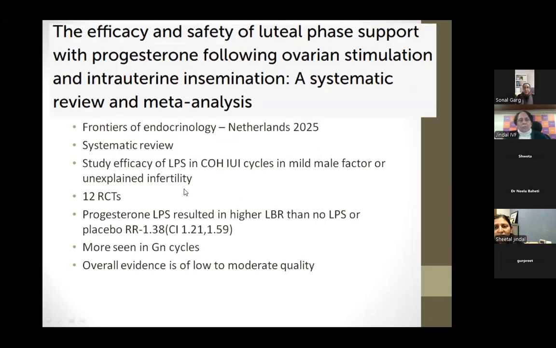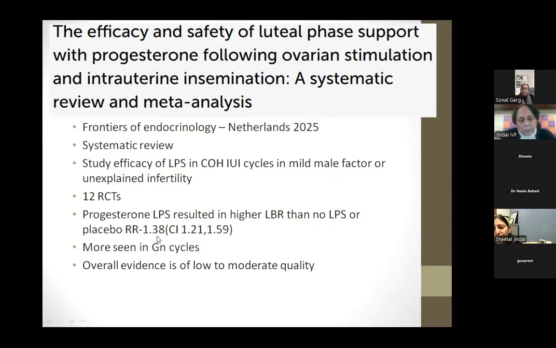This was a very recent systematic review and meta-analysis which studied the efficacy of luteal phase support in COH-IUI cycles in mild male factor and unexplained infertility. There were 12 RCTs, and progesterone luteal phase support resulted in a higher live birth rate than no luteal phase support or placebo.